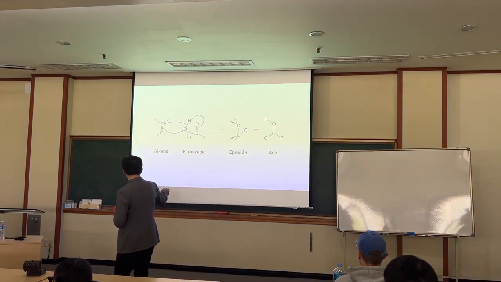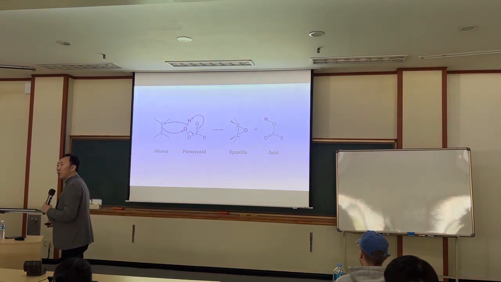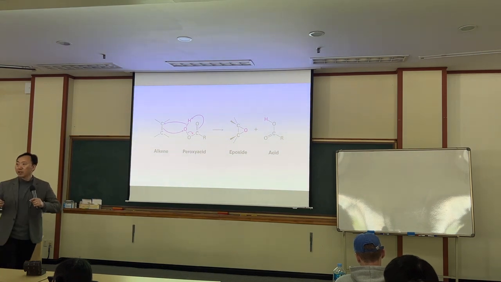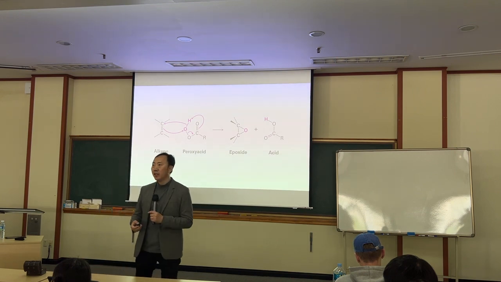This one donates, that's why this is the reductant. And this oxygen is -1, it becomes -2, that is reduced. Okay. So through these reactions, hydrogen peroxide forms epoxide. That's one reaction. Any kind of peroxide with alkene forms epoxide.